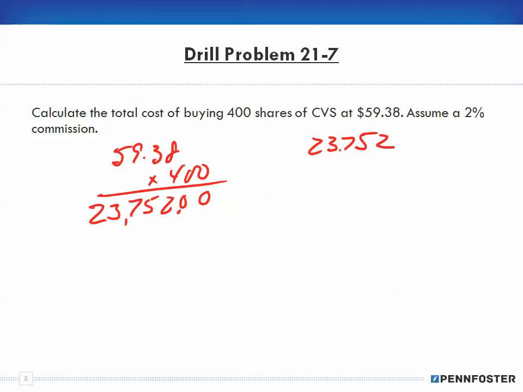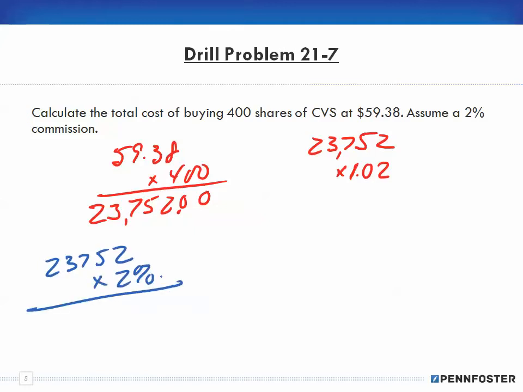Okay, and now we have a 2% commission. So we're going to multiply this by 1.02. In case you don't remember why, I could take the 23,752 and multiply it by 2%, 23,752 times 0.02, and come up with 475.04.